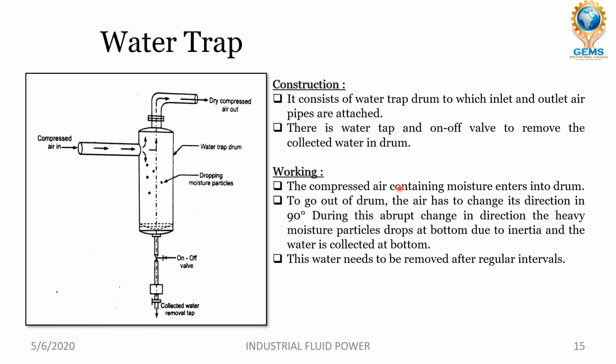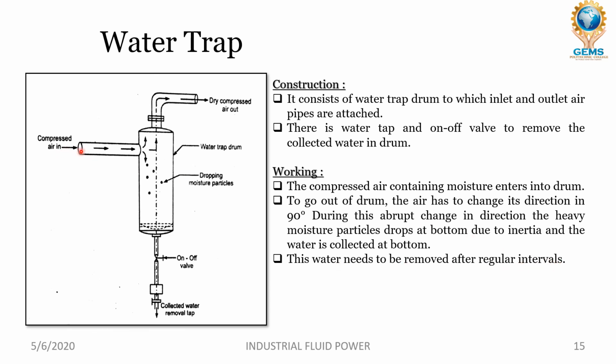The compressed air containing moisture enters into the drum. To go out of the drum, the air has to change its direction by 90 degrees. During this abrupt change in direction, the heavy moisture particles drop at the bottom due to inertia and the water is collected at the bottom. This water needs to be removed at regular intervals.